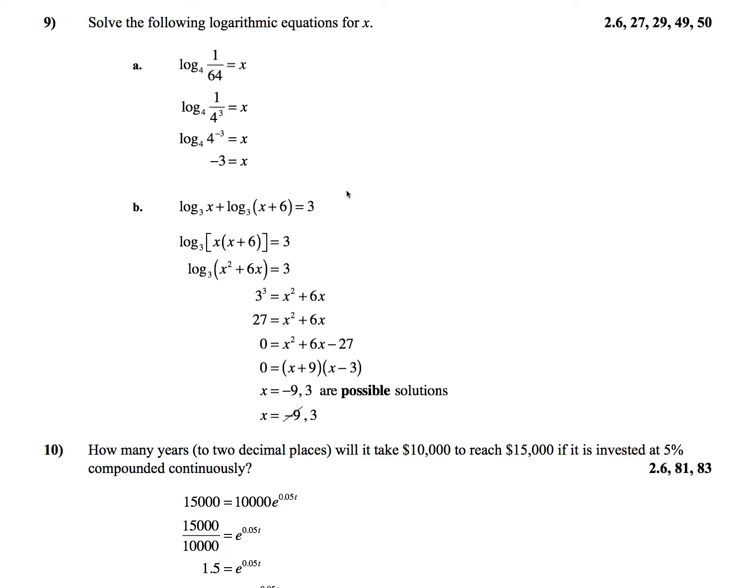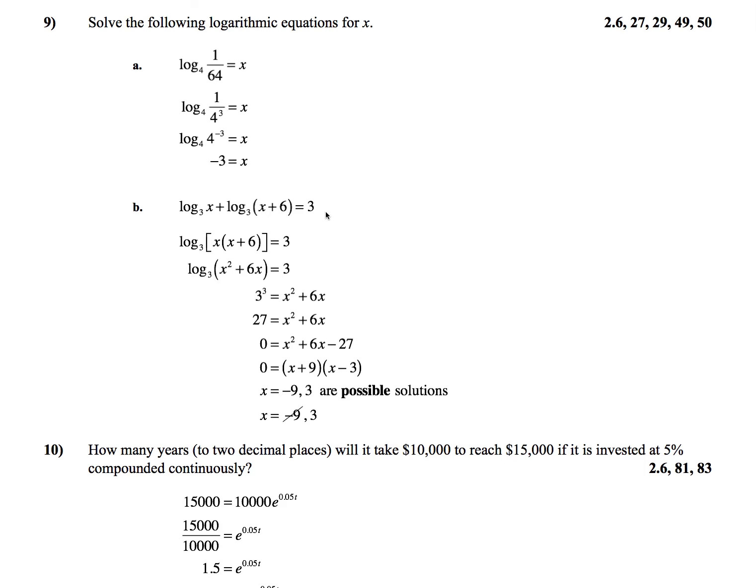Now in part B, we will use a different property of logarithms. We have two logarithms with the same base, log base 3 of x and log base 3 of x plus 6, and there is a sum here of these two logarithms.